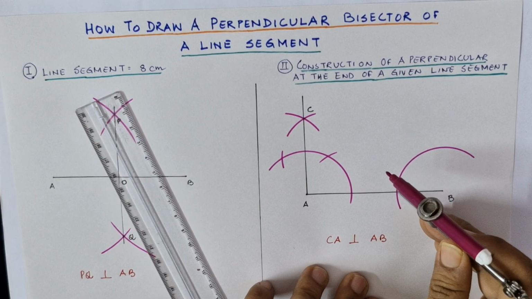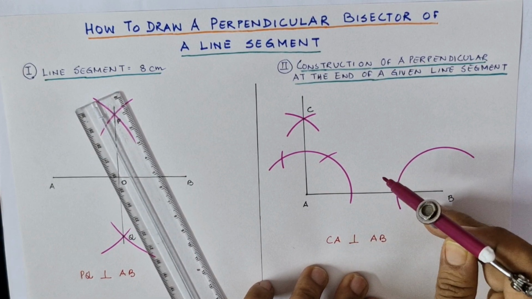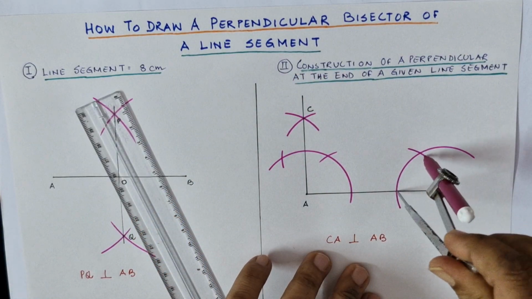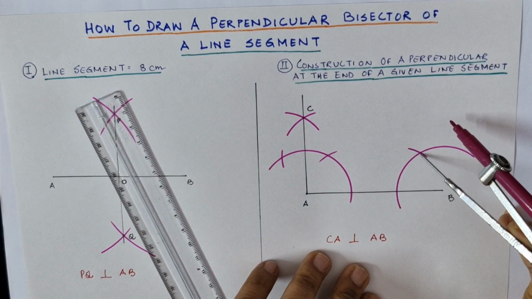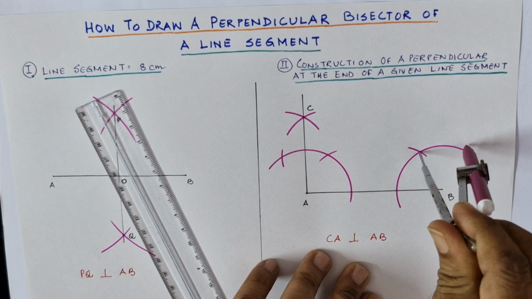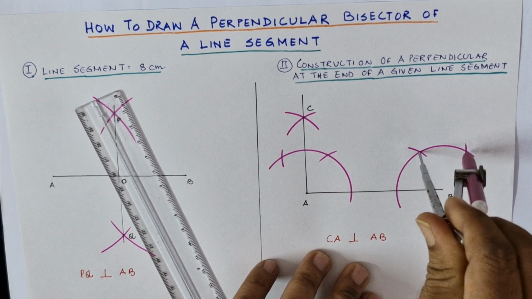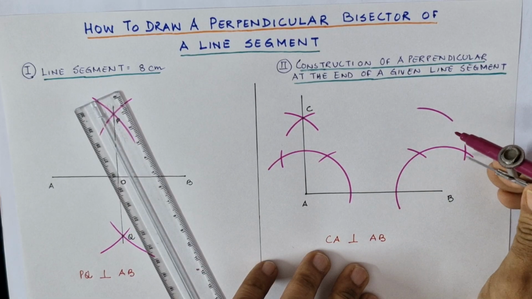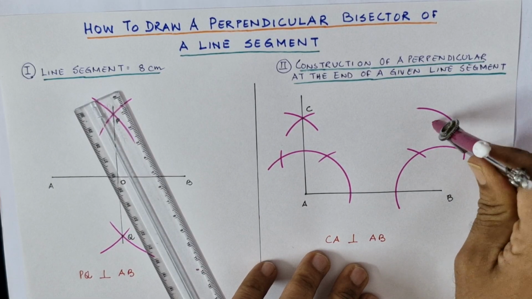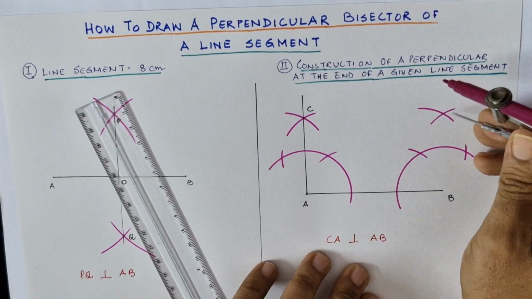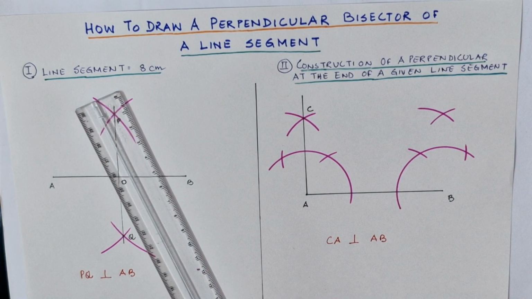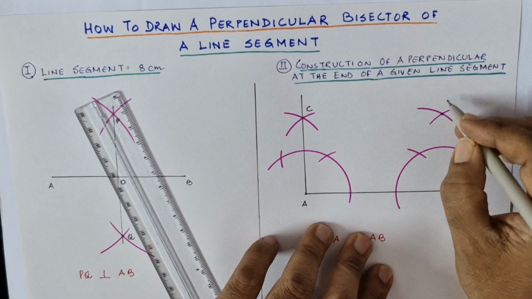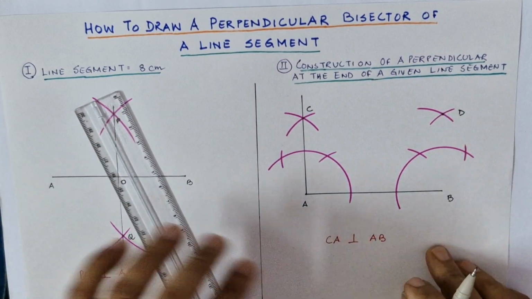From the intersection point where the arc is intersecting the line segment, cut the arc here, and centering here, cut the arc at the second point and draw an arc here. From the second intersection point, draw an intersecting arc above, right? Again, let's mark it and name it as D.